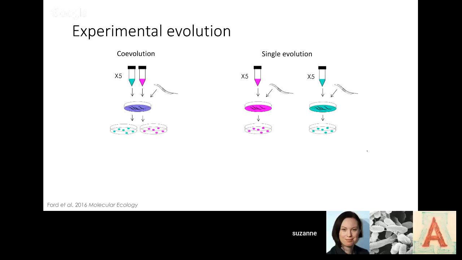After this time, I select 10 worms and I wash their external surfaces, so the surface bacteria are all removed. I crush them and I plate out the bacteria that are on the inside of the worm onto selective media. I then choose 10 colonies from each species and I grow them up overnight, and I can do the whole thing again. So that is one single generation, and I do it 10 times.